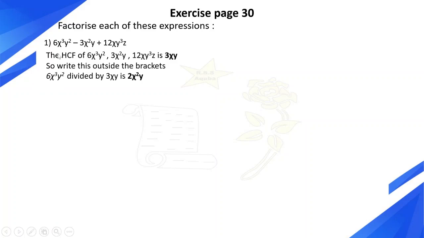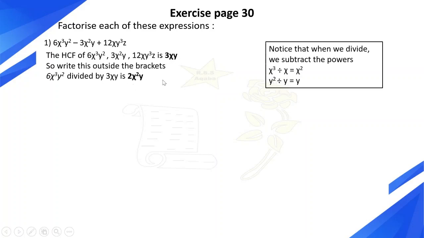And now we have to divide the first term, 6x cubed y squared, by 3xy. Please remember that when dividing, subtract the powers. X cubed divided by x equals x squared, because 3 minus 1 equals 2.